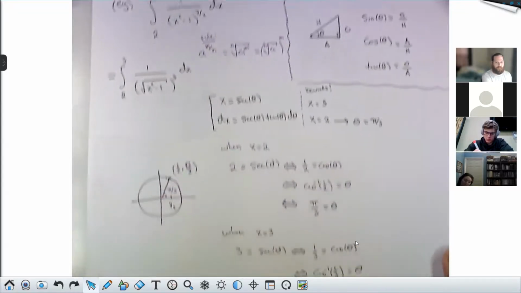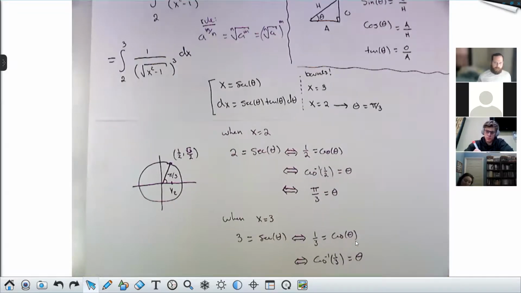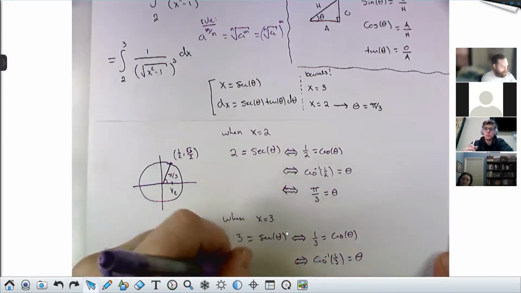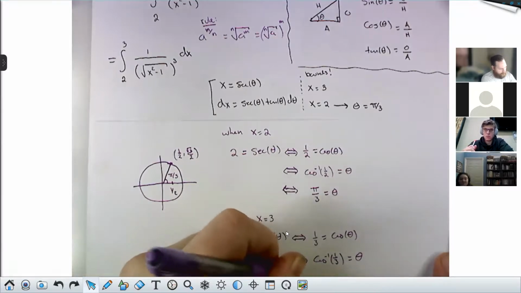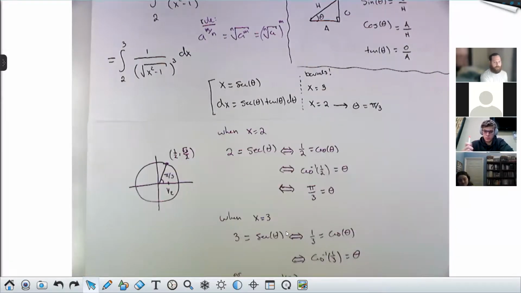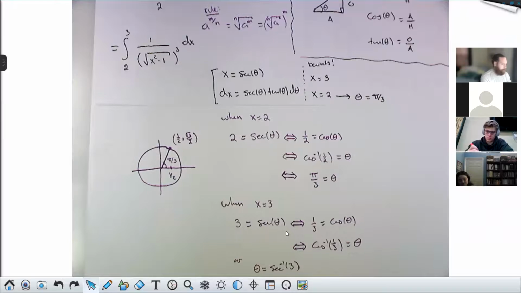And that's not a nice number. That's not like pi over 3 or pi over 6 or 4 pi over 7 or anything like that. It's not a pleasant number. So you can write it as the inverse cosine of 1/3, or you could write it as the inverse secant of 3. I think I'll write inverse secant of 3 because it just takes up less space.